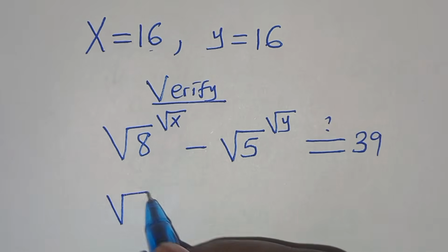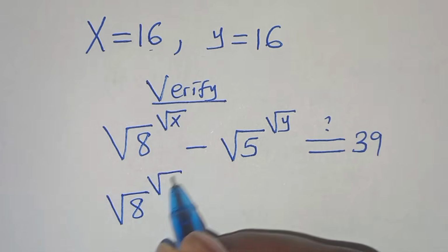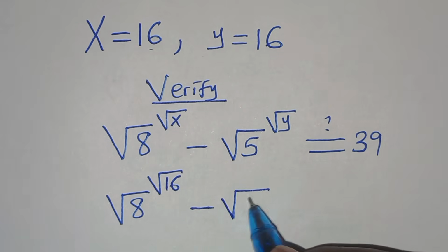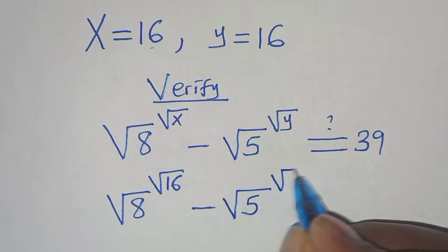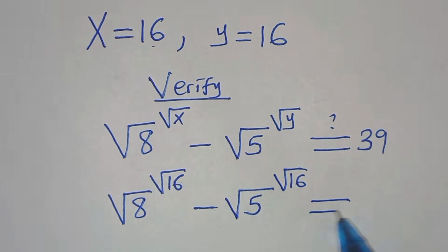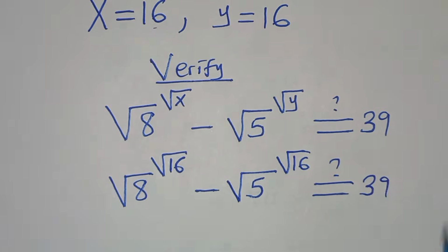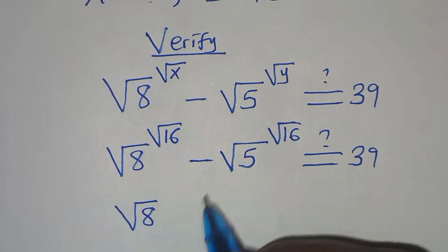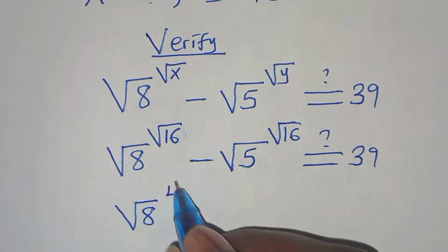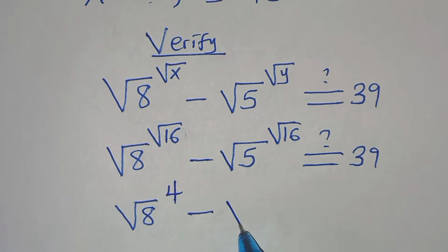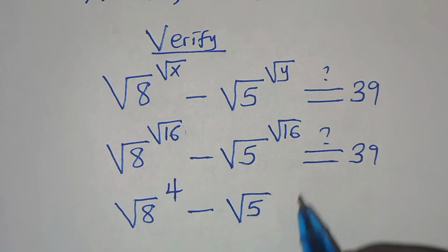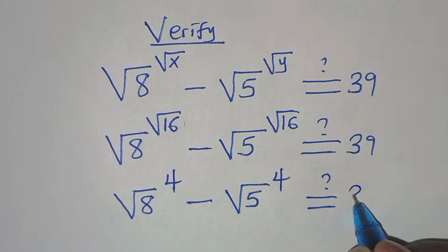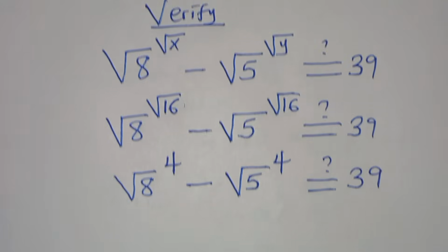So we have square root of 8 raised to the power of square root of 16, minus square root of 5 raised to the power of square root of 16. So we have square root of 8 raised to the power of 4, minus square root of 5 raised to the power of 4. This should give us a value of 39.